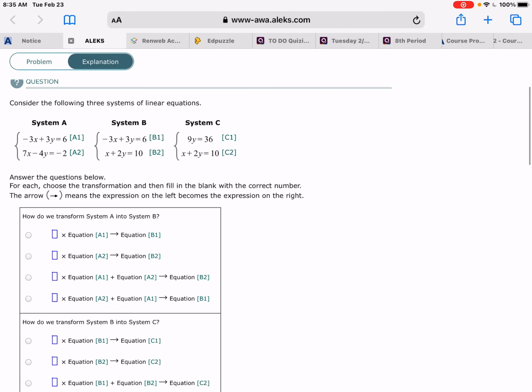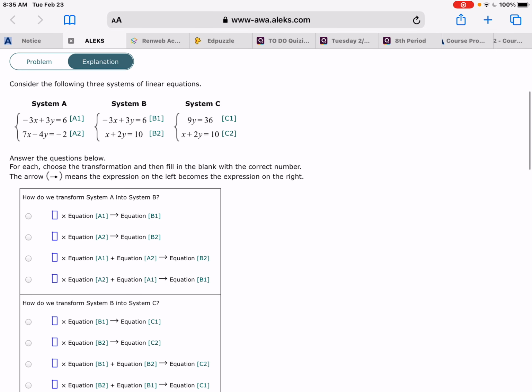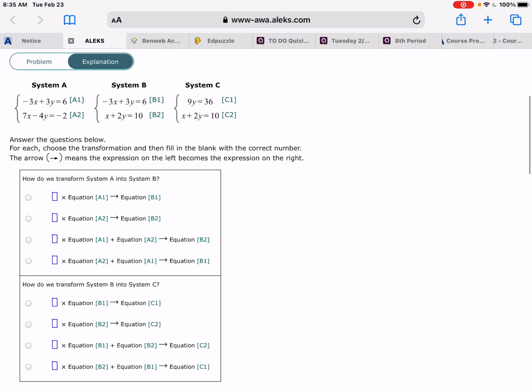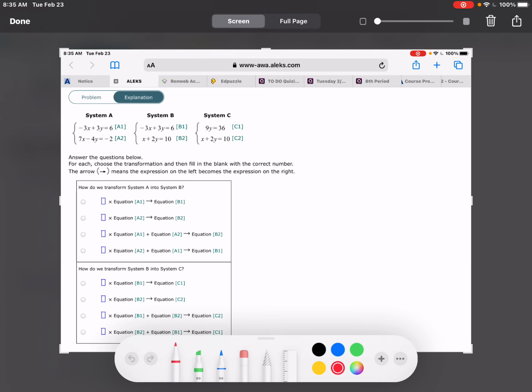Okay, let's look at the second question. How do we get from B to C? B2 to C2 is going to be the same, but to get from B1 to C1, something had to happen. Whatever happened caused the x to cancel out.